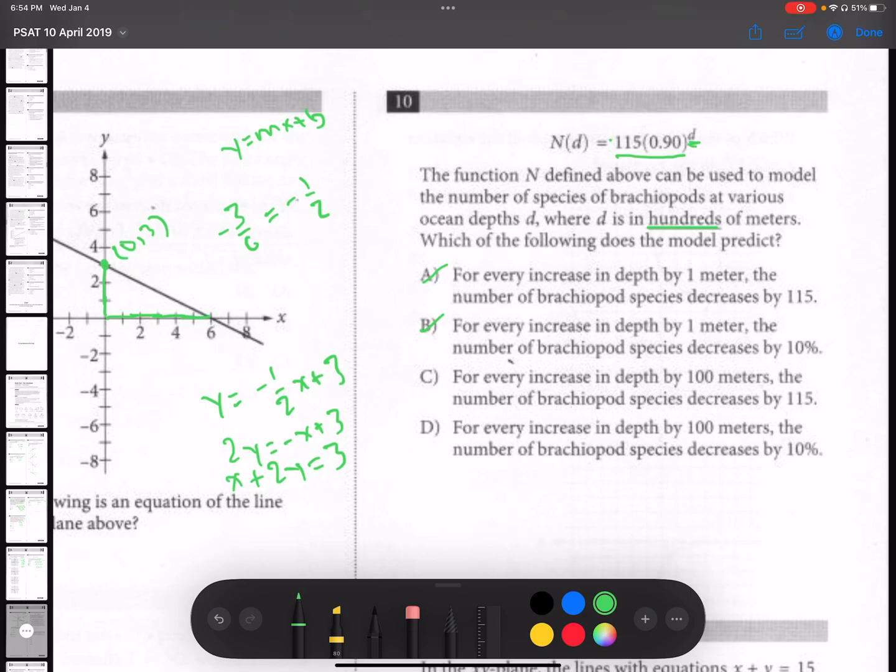Now, this is positive, not negative, so it can't decrease, so C wouldn't be it either. D, for every increase in depth by 100 meters, the number of brachiopod species decreases by 10%. So that makes a lot of sense because if we start off with 100%, subtract 10% off, we get 0.90, and the depth by 100 meters does make sense in this case, so D would be our answer.